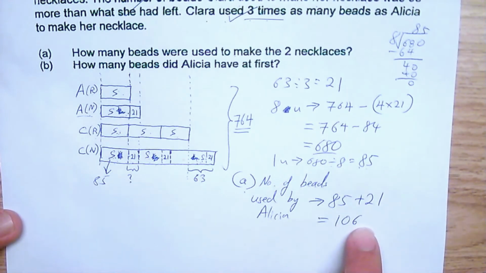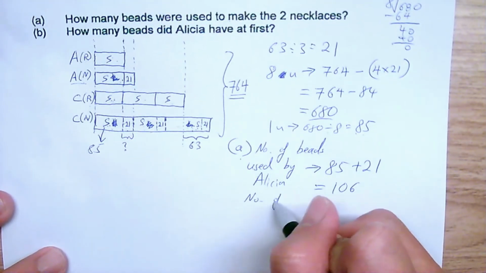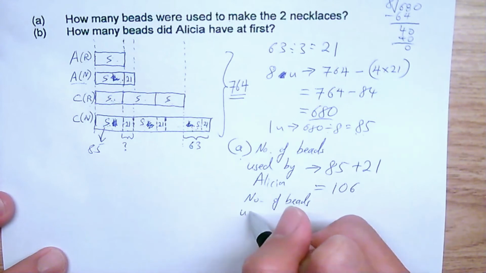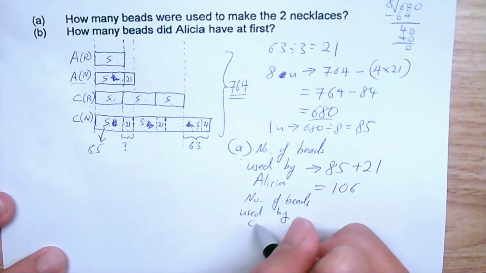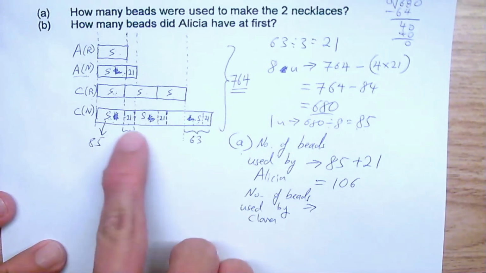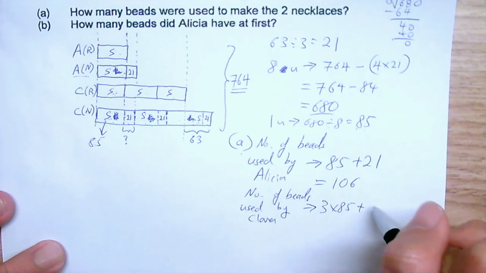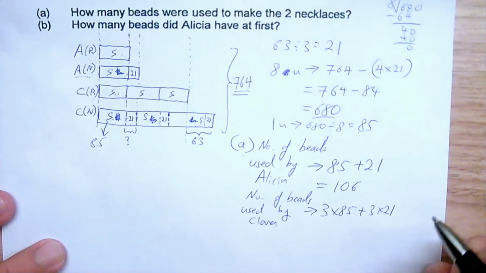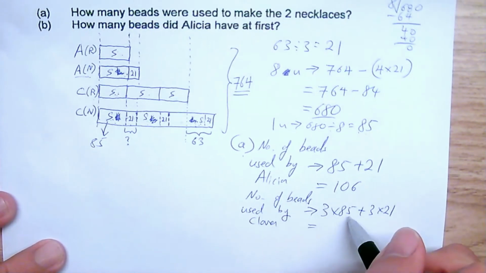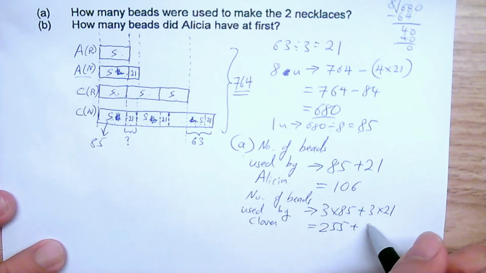Now, next one will be number of beads used by Clara. So number of beads used by Clara would be 3 sets of small bar plus 3 sets of 21. So it's 3 times 85, that would be 255, plus 3 times 21, which is 63.